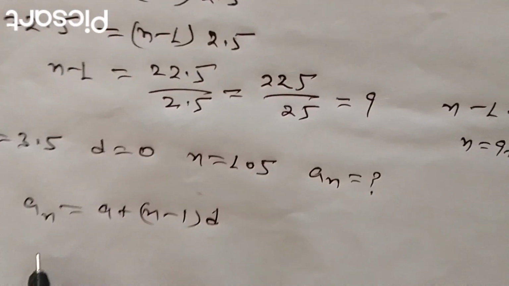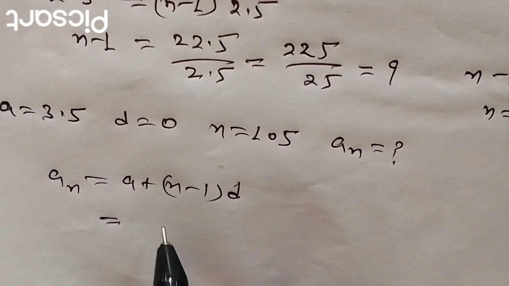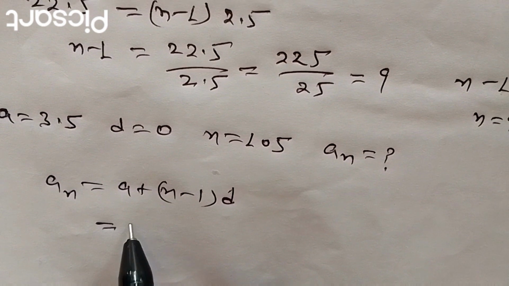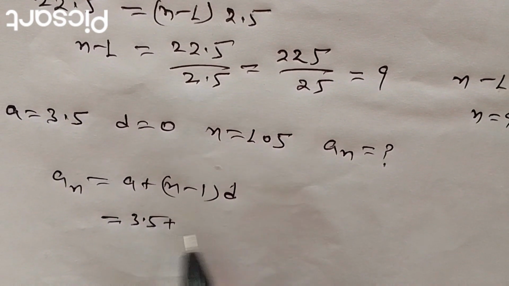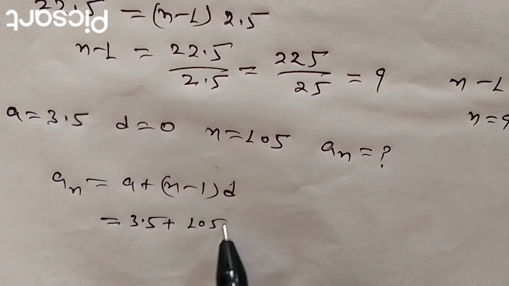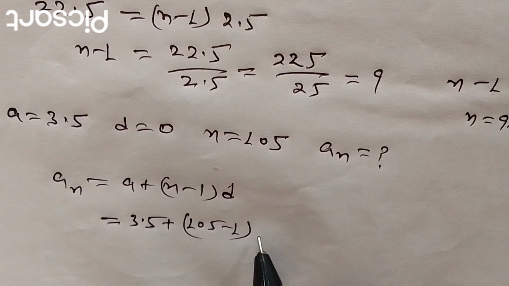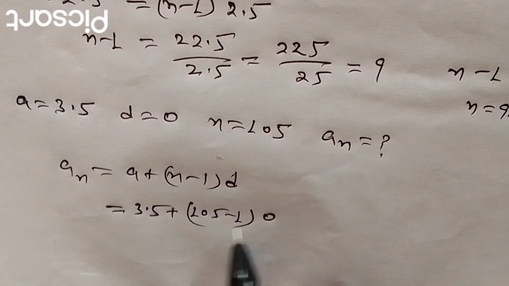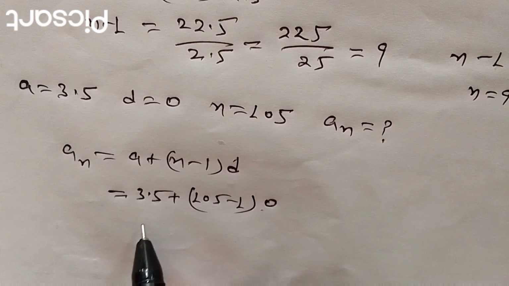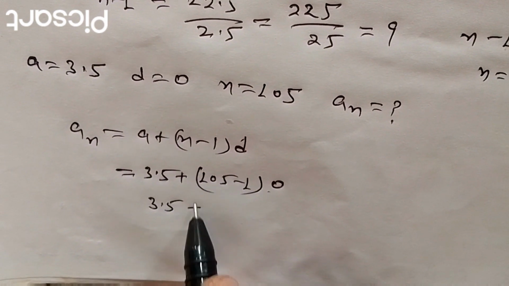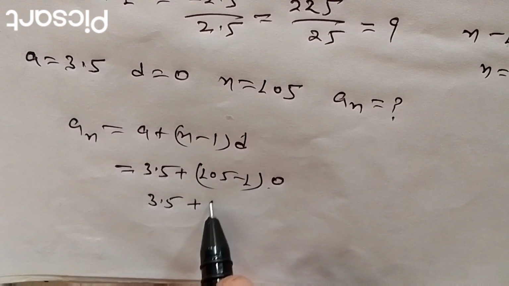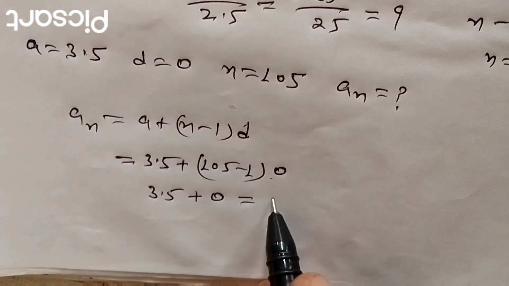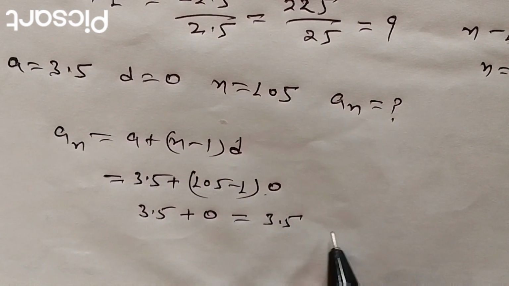Now we will insert the values in the formula. a is 3.5 plus 105 minus 1 multiplied by 0. Since this is multiplied by 0, it will come out as 0. So the answer will be 3.5.